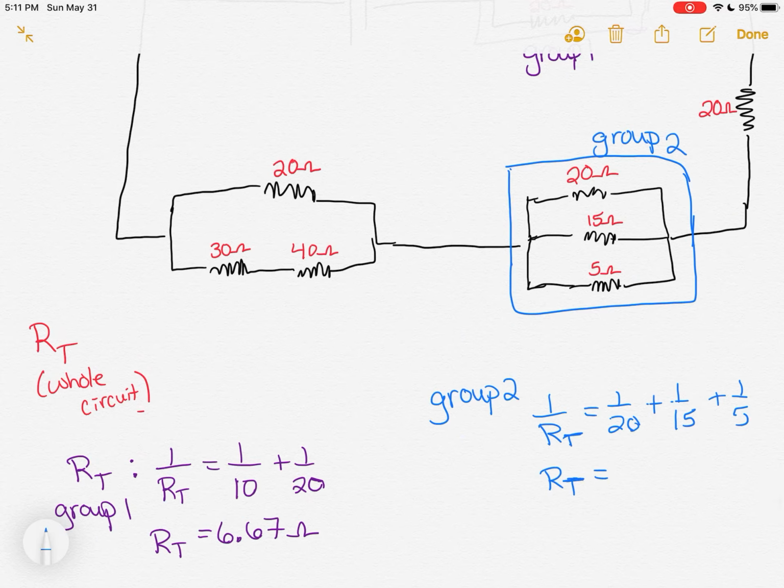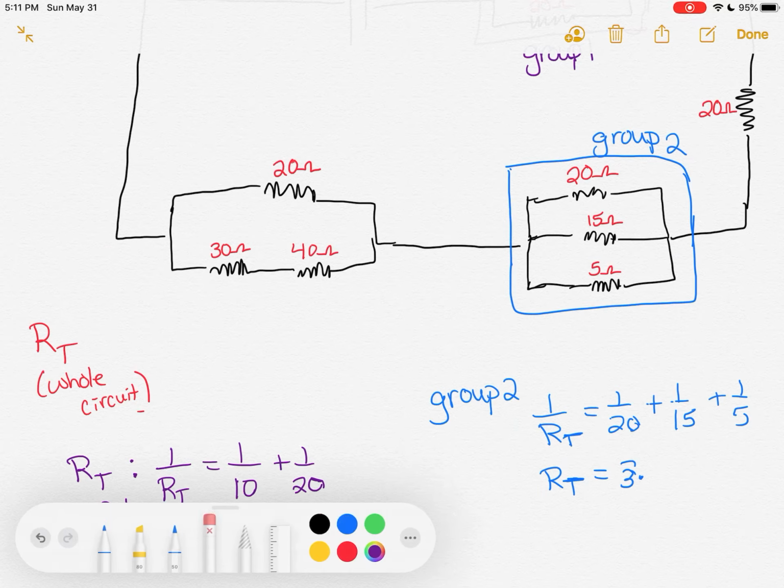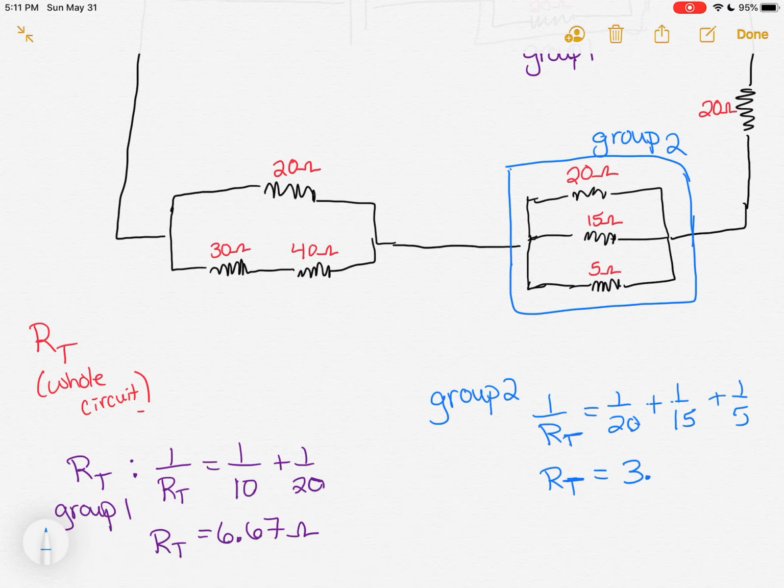So then my total there in group 2, so 1 divided by 20 plus 1 divided by 15 plus 1 divided by 5 gets me 3. Let's try that one more time. 3.16 ohms. Okay, so that's for group 2.